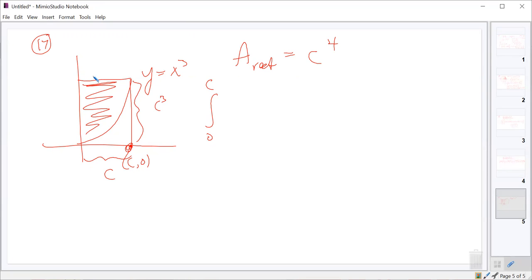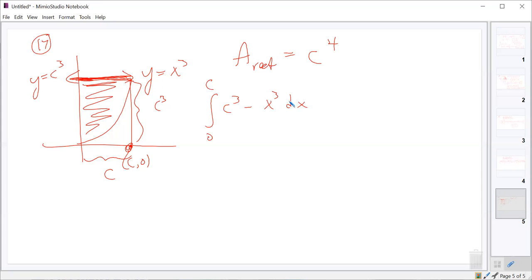What is this horizontal line? Y equals, not c, but y equals c cubed. So c cubed minus x cubed.